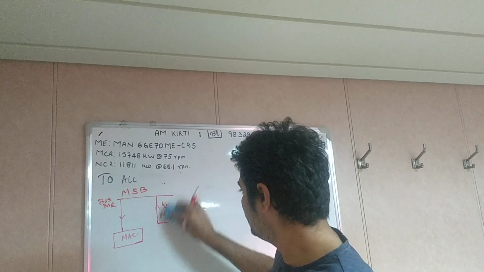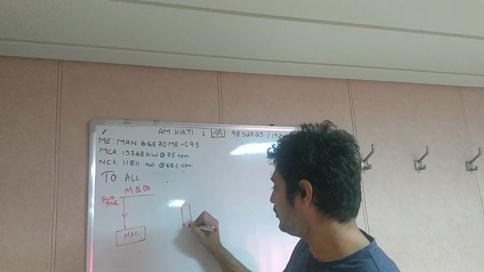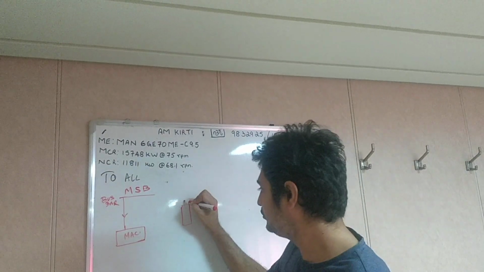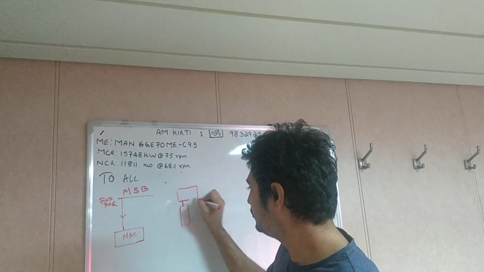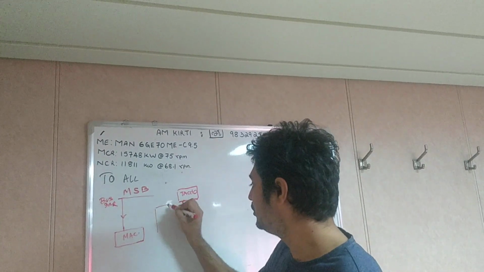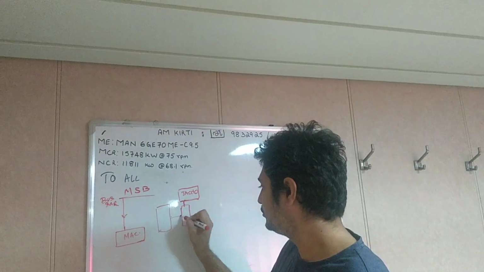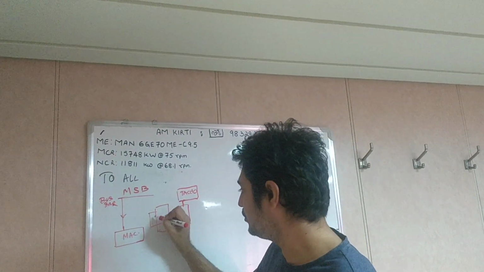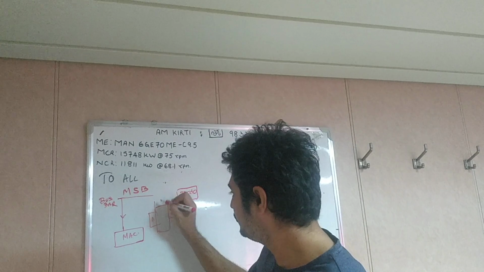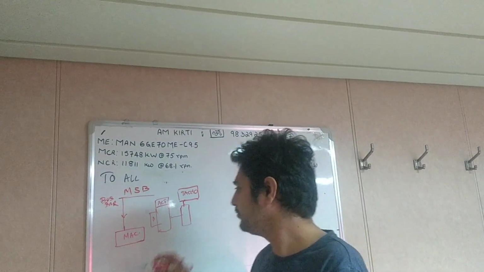So what is happening here? This is the flywheel of a generator. This is the alternator. Imagine something like this, roughly.